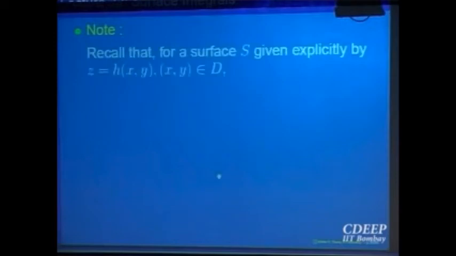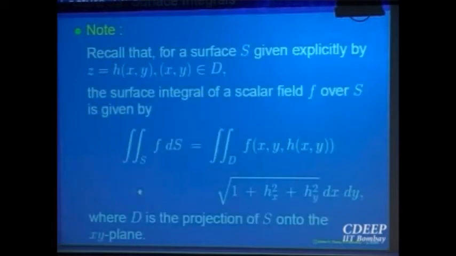Okay. Let us do a small manipulation here. We saw that for a surface given by z equal to h(x, y), I can write the surface integral of f dS to be equal to the function f evaluated on the surface, f at (x, y, h(x, y)), times the norm of Ru cross Rv, that is square root of 1 plus h_x square plus h_y square, dx dy.